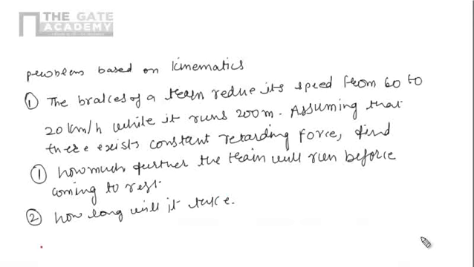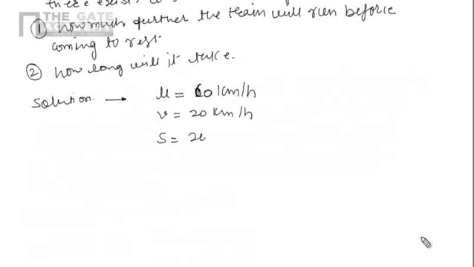So here for solution, first write the given things, that is initial speed u is 60 km per hour. Final speed is 20 km per hour, and the distance traveled during this is 200 meter.